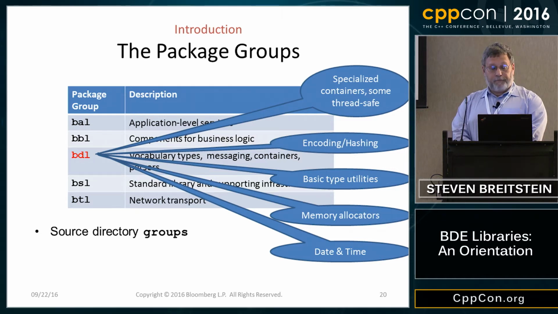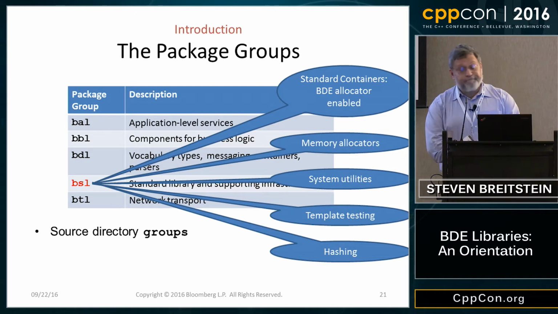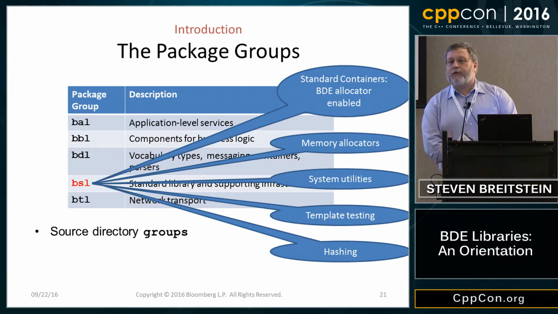BDLT, for example. BSL, Bloomberg Standard Library, contains our allocator-enabled containers and allocators and a whole suite of utilities and components that go into building a library, which are available for everyone to use.